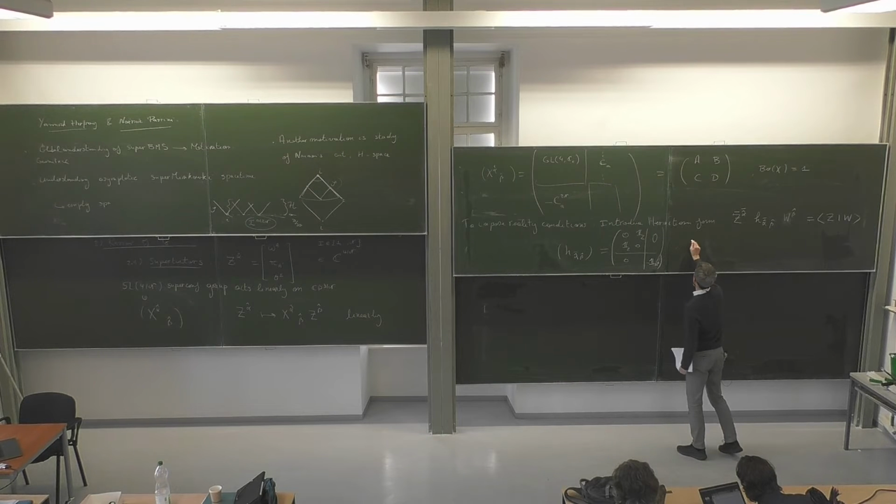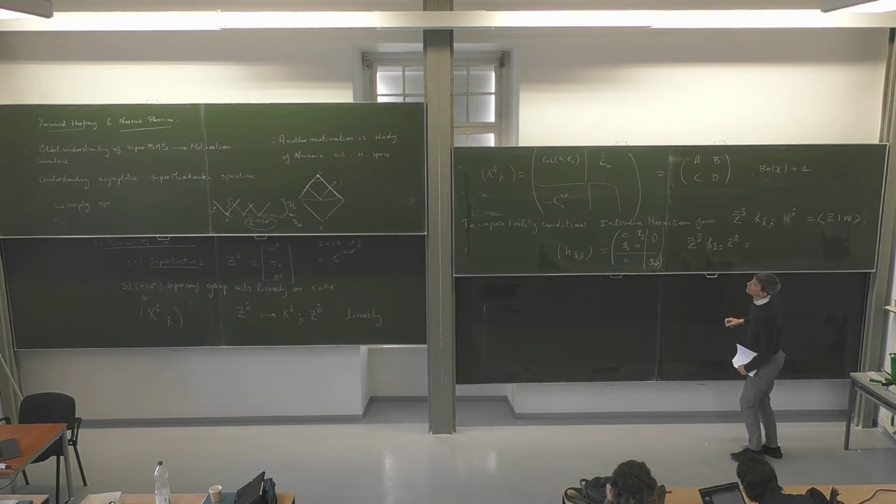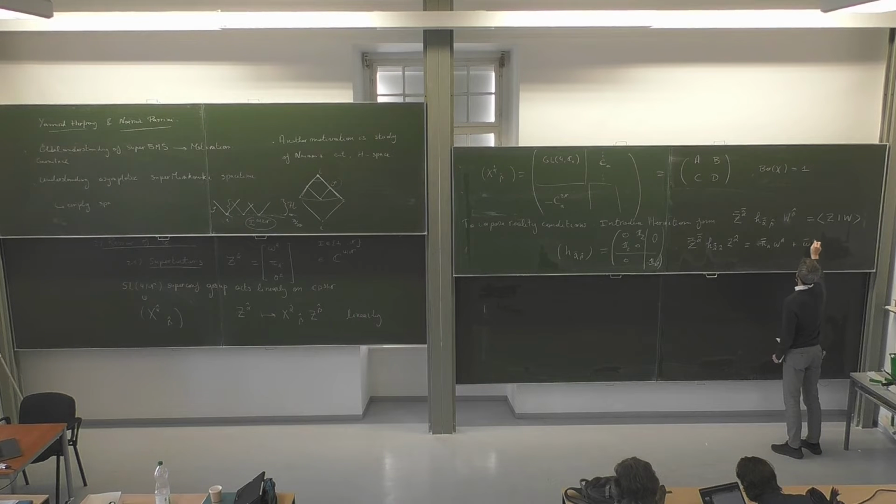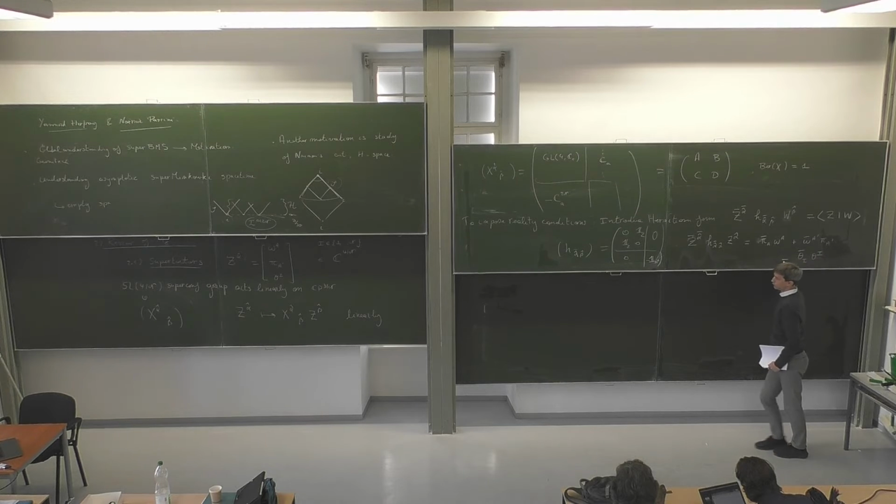So for example, if you take one twistor and you take its norm squared in this sense, just to be concrete.